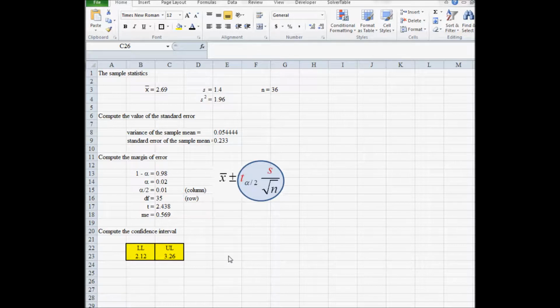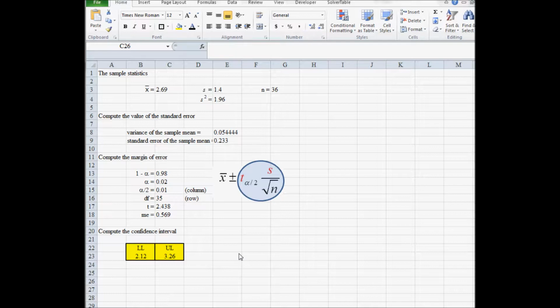So we're 98% confident the true population mean, mu, which we cannot know, is inside these two values. The reason why we say that is because the population mean is either in the interval, in which case the probability would be 1, or it's not in the interval, in which case the probability is 0.